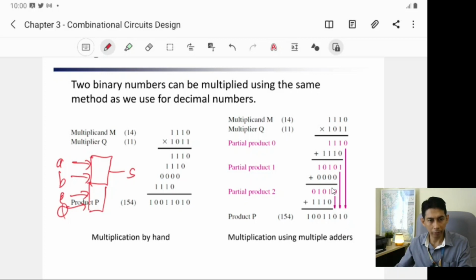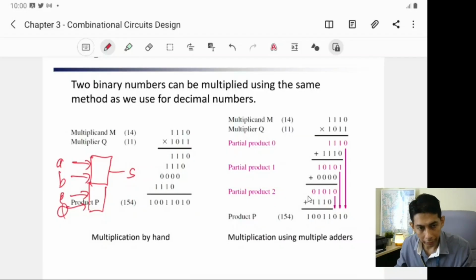And this one we add, we get what we call partial product 2, and again we add with the multiplication of the last digit, which is this one. So here you can see we use one adder, here we use another adder, here another adder, and at the end we get the result of this multiplication.